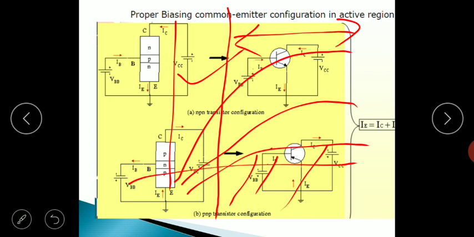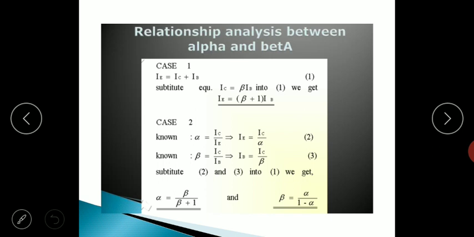So with this brief review or recap of what exactly transistor is, now we can move into the actual syllabus of this module 4. That is, before that already we have discussed alpha is called as the current gain of common base configuration, beta is called as the current gain of the common emitter configuration, and the relationship between alpha and beta is given there as alpha equal to beta upon 1 plus beta and beta equal to alpha upon 1 minus alpha.